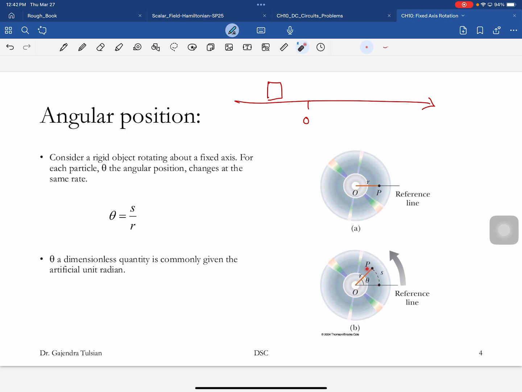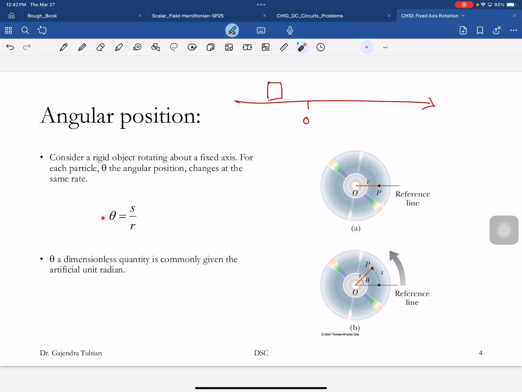And when this object rotates, the angular position is given by this angle theta. Just like there, we had adopted the convention, if you move to the right, those distances are positive and those to the left are negative. Just like that, if you rotate counterclockwise, those angles are positive. Angles measured clockwise are negative.